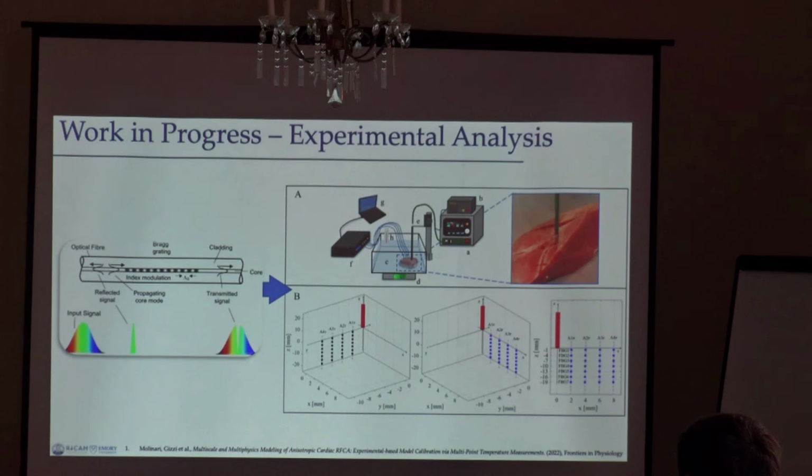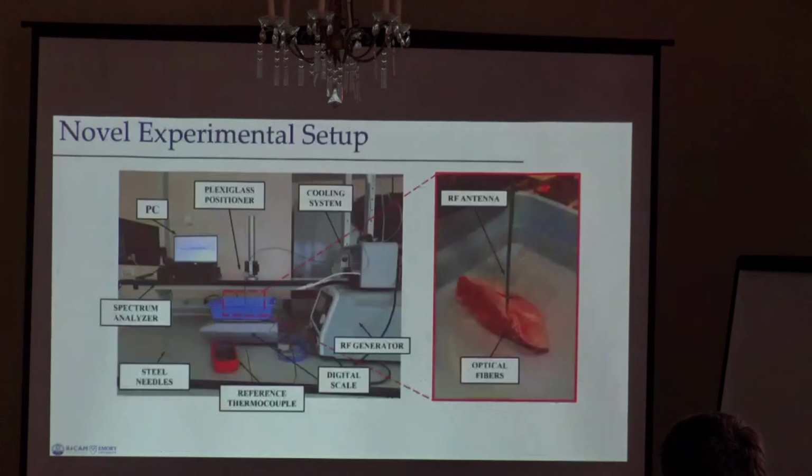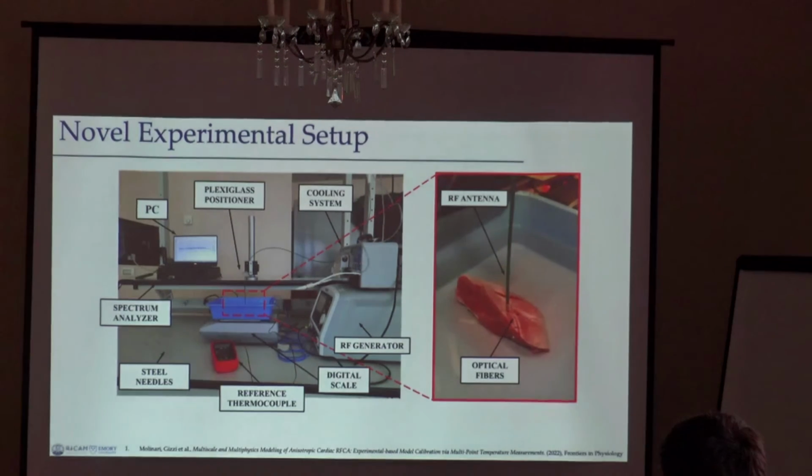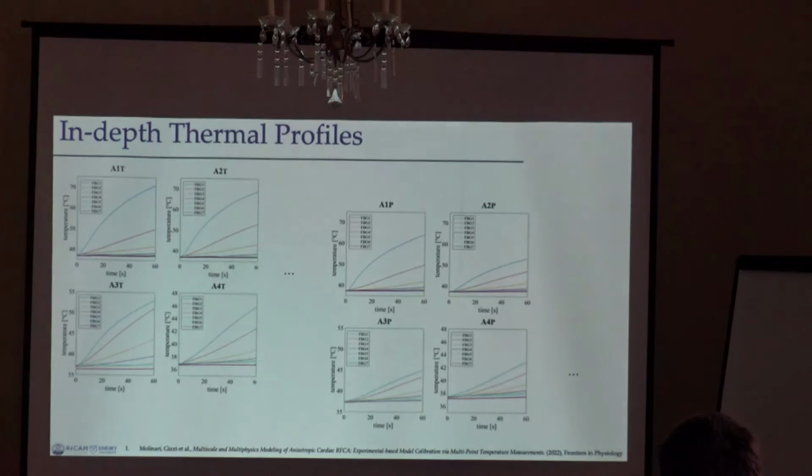So we have a spatio-temporal map of the temperature when you have an electrode delivering a certain frequency. This is the setup. Of course, this is not human, it's porcine heart tissue. And this is the kind of curves that you can measure.